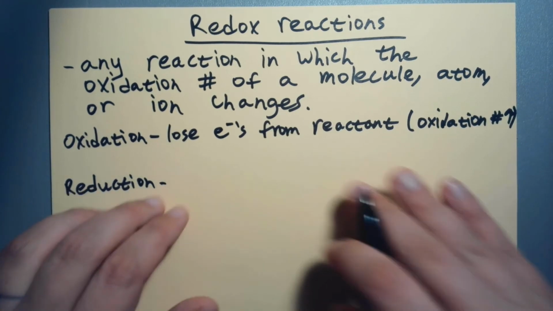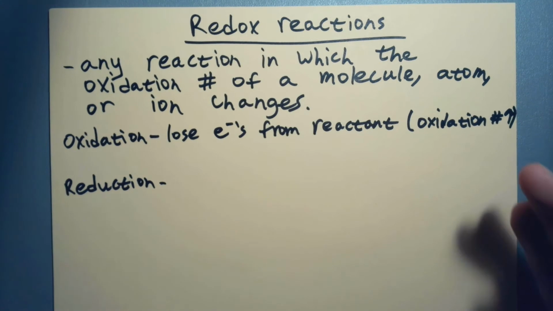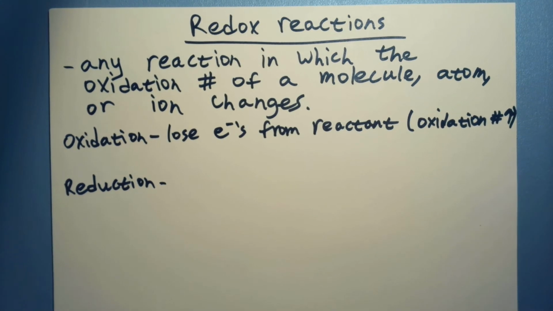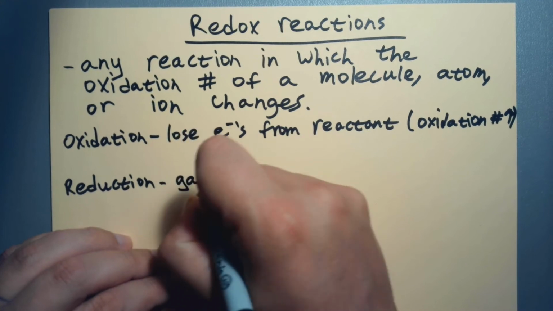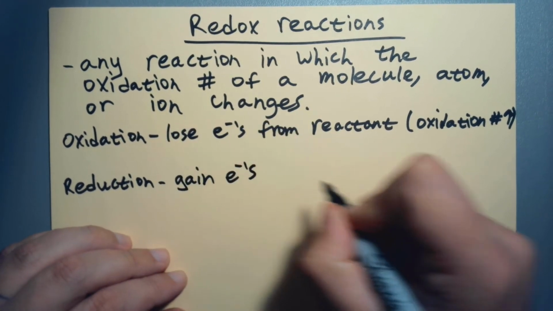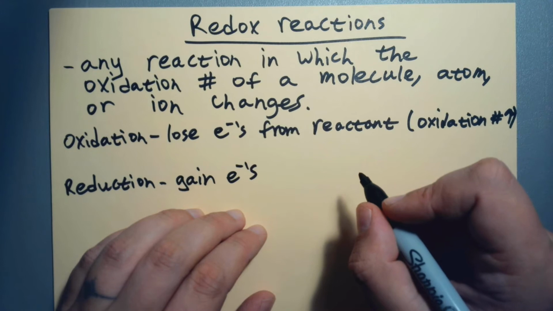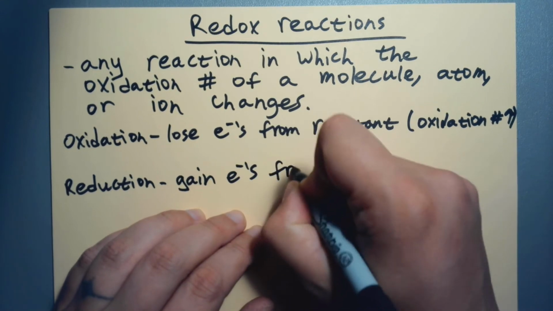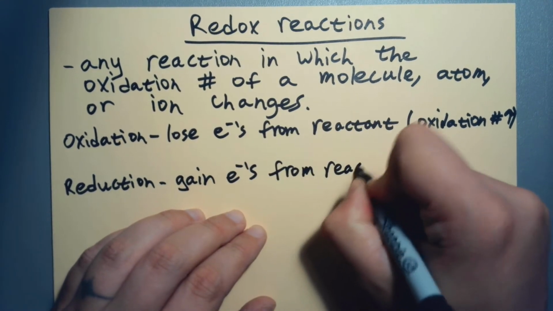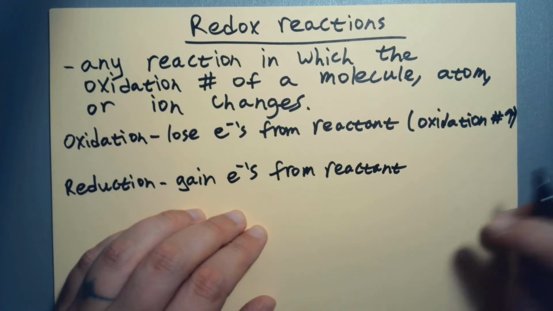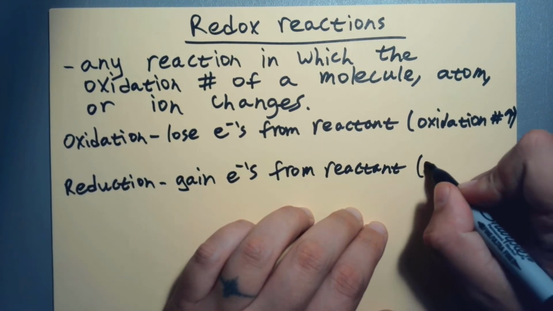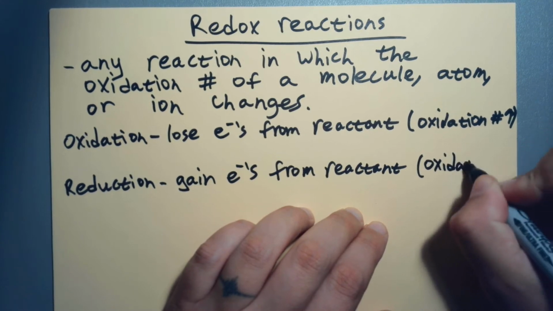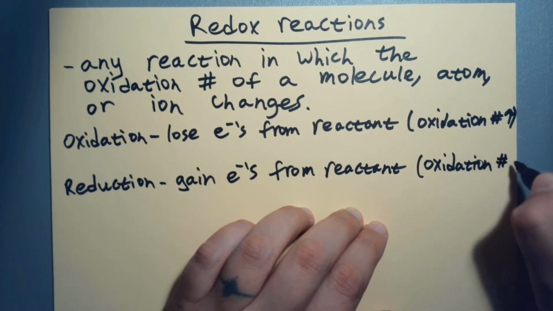So reduction, well, if they're opposite of each other, guess what that means? What's the opposite of losing electrons? Gaining electrons. So we gain electrons from a reactant. And that means our oxidation number goes down.